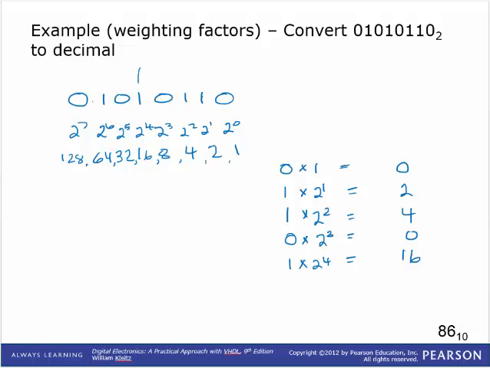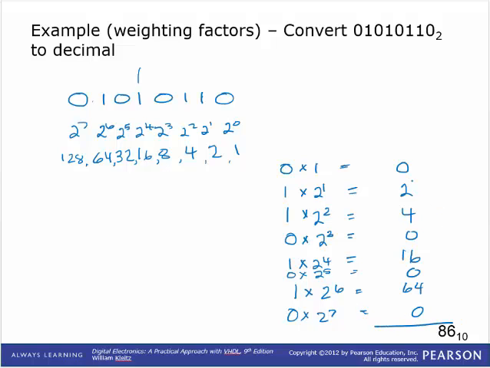0 times 2 to the 5th is a 0. 1 times 2 to the 6th is 64, and 0 times 2 to the 7th is a 0.